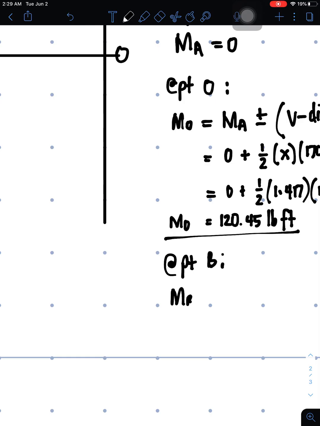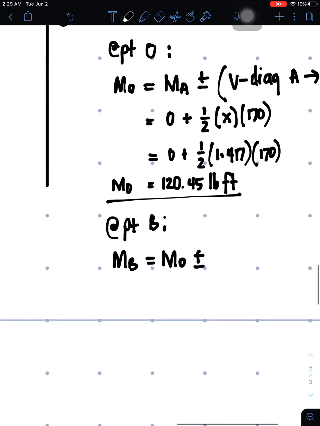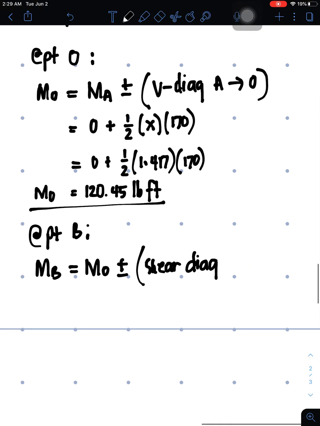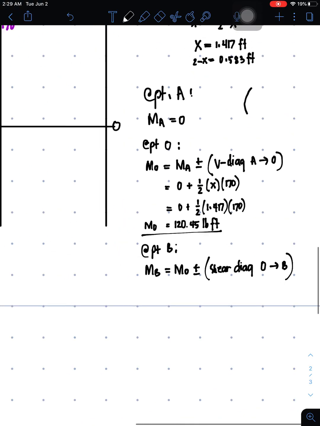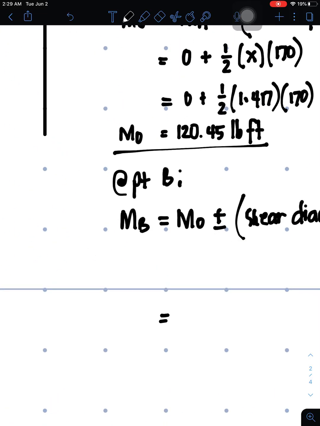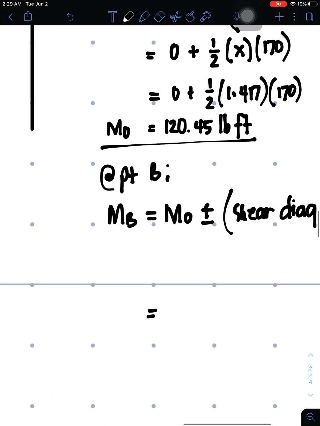So at point B, MB is equal to the previous value, plus or minus the shear area or shear diagram from point O to point B. So let's copy MO.